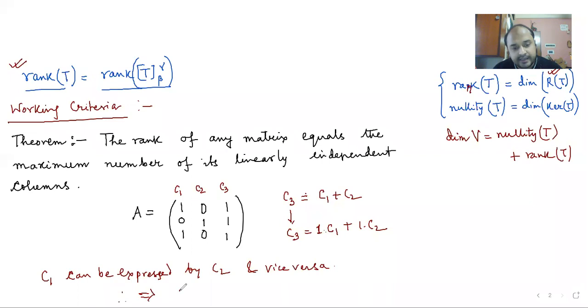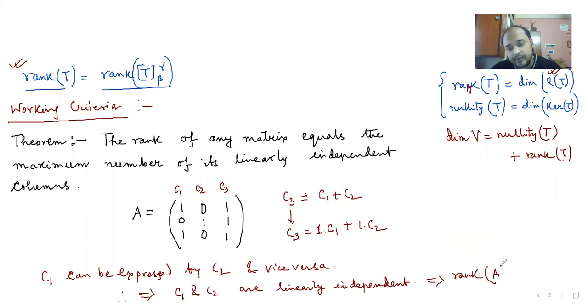This implies that columns C1 and C2 are linearly independent, and this implies that the rank of A, since the theorem says that it is the maximum number of linearly independent columns, is equal to 2.